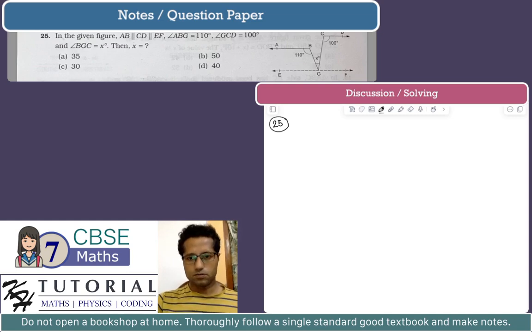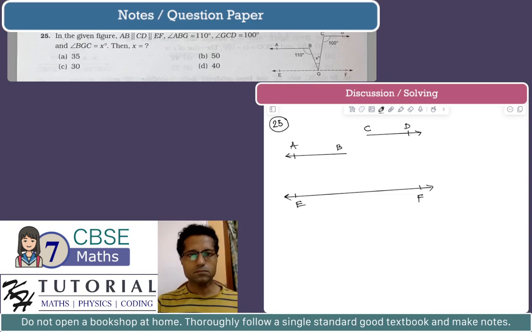So first draw AB parallel to CD. Okay, what next? AB parallel to CD, parallel to EF. Okay, so we have EF.